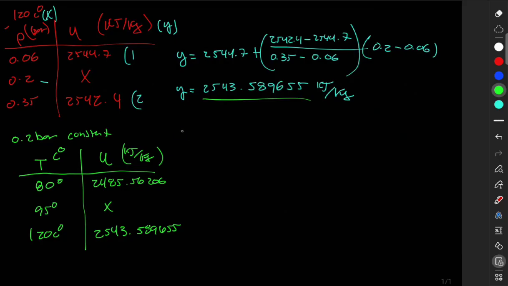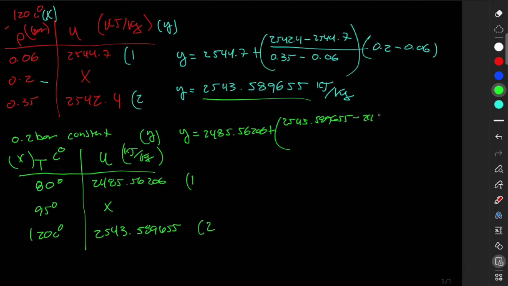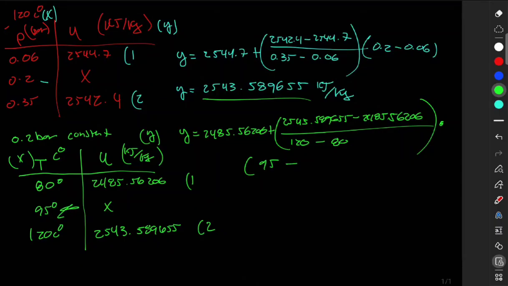Lastly, we can interpolate here using the same formula. 2485.56206 plus, this is my y, this is my x, so this is my lower, so this is my 2, this is my 1, so 2543.655 minus 2485.56206 over 120 minus 80, times, I run out of room, times 95, this is my x, minus 80.